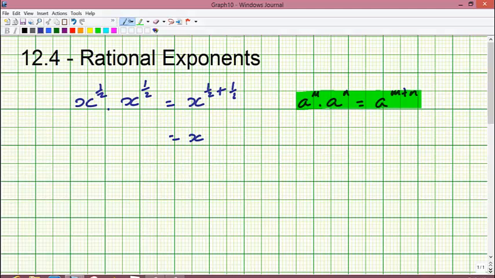Well, this is odd because we know that to get x by multiplying something by itself, that thing has to be the square root. We know that the square root of x times the square root of x equals x. And what that means is that x to the power of half equals the square root of x by definition.